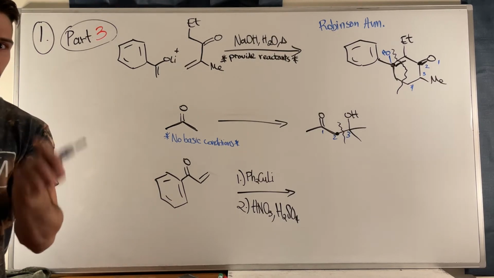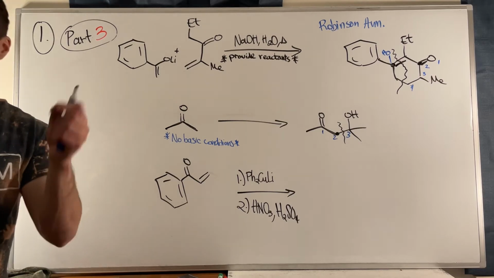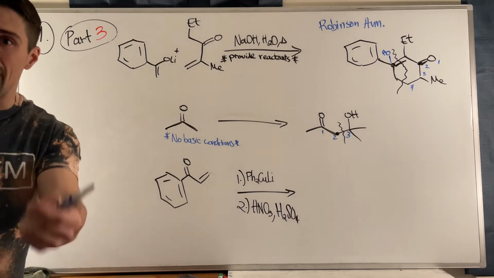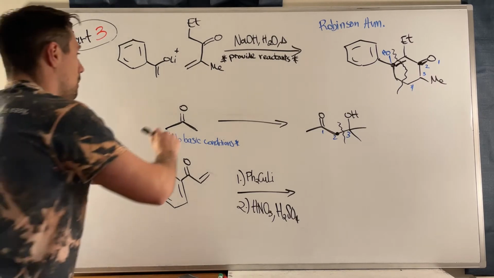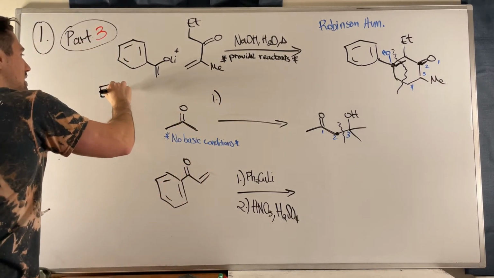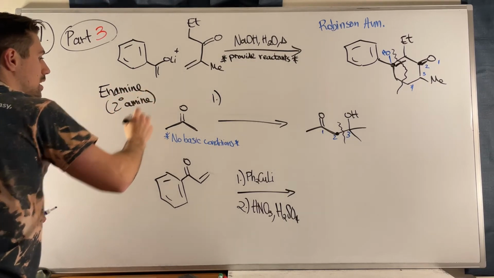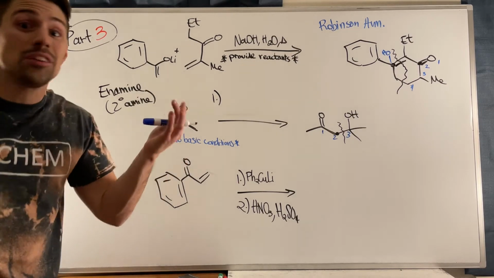And remember how earlier in this video I talked about how enamines can be just as nucleophilic, just not as much, but close to that of an enolate. So you need to make an enamine, which remember means we need a secondary amine, right? Because if we can't use basic conditions, why not use acidic?